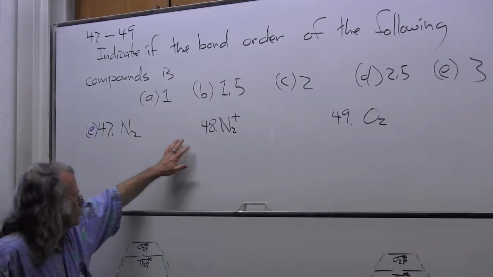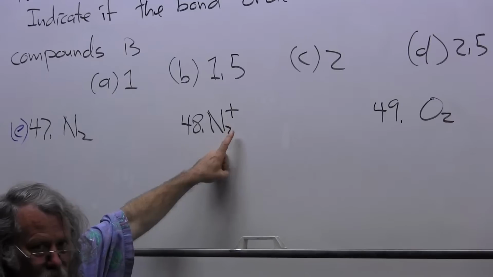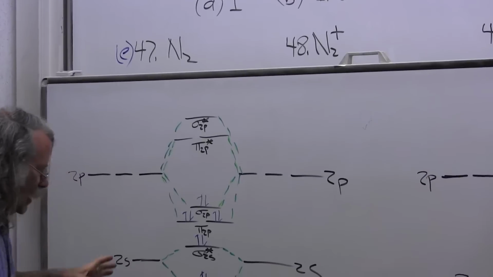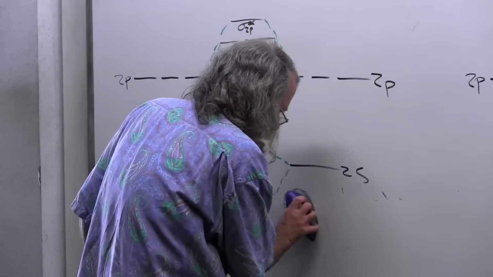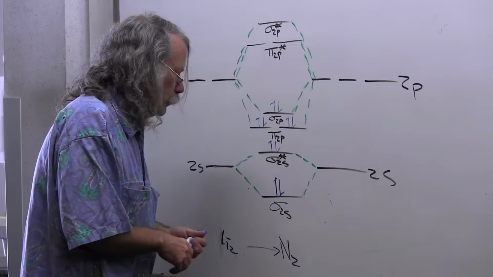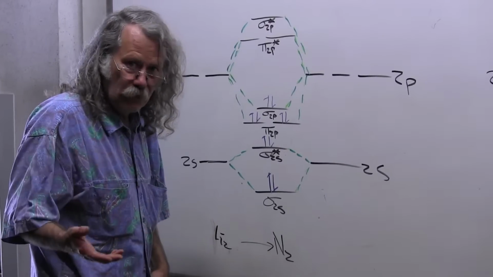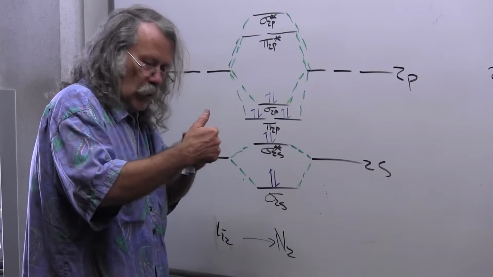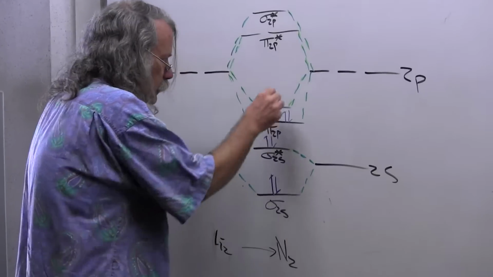Now, this brings us right to the point. 48 is the dinitrogen cation, so I'm removing 1 electron. So which electron am I going to remove? It's going to be the most easily removed electron, or the highest occupied molecular orbital, which is a bonding orbital. So I already know I'm going to have a decrease in the bond order. The resulting ion is going to have a longer bond and a weaker bond than the parent molecule.